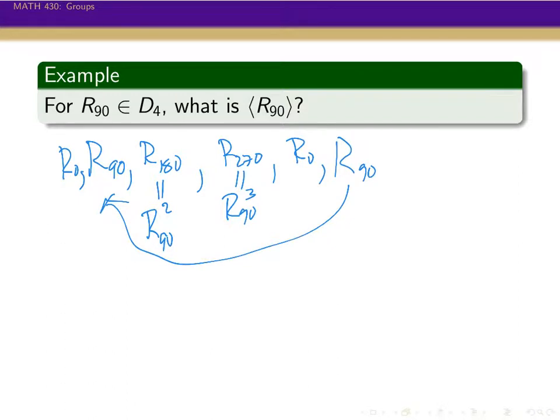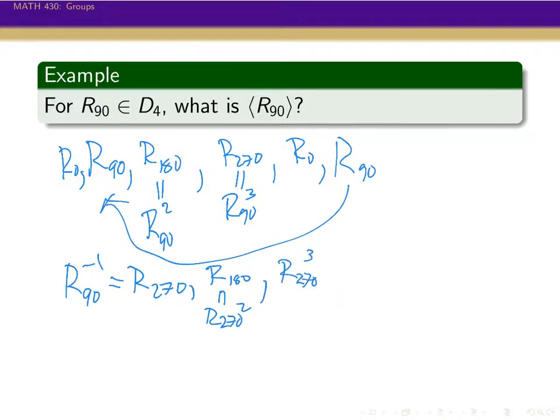Now, if we're looking at the inverses, so the inverse of R90 is R270, and then if we start taking the powers of R270, R270 squared is R180. And then R270 cubed is equal to R90.